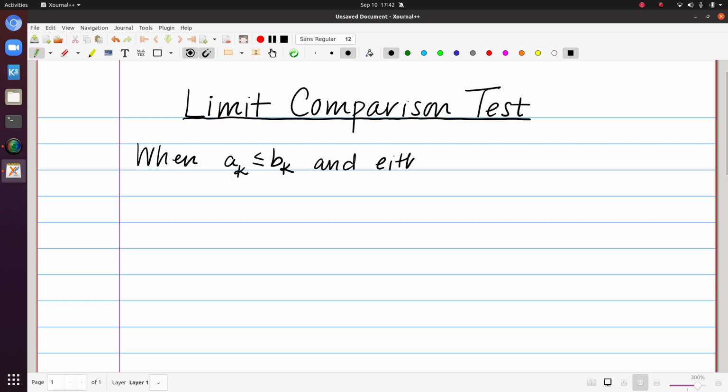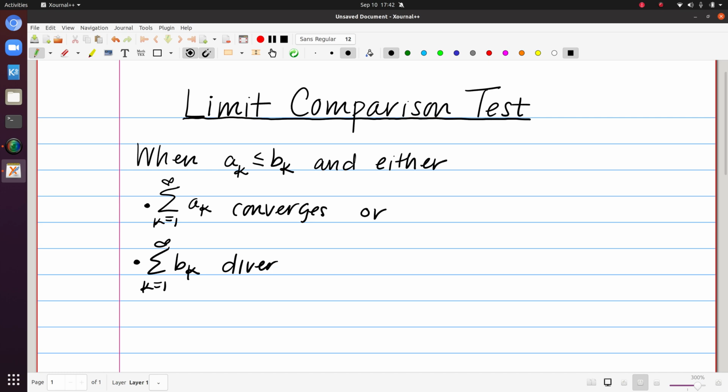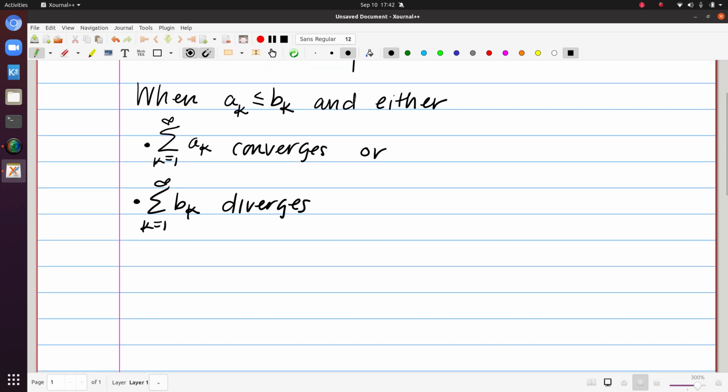And with this relationship, the cases that were not going to be useful with the comparison test was either knowing that the sum of the a sub k's converges, or knowing that the sum of the b sub k's diverges. In either of these instances, the comparison test gives us no information.